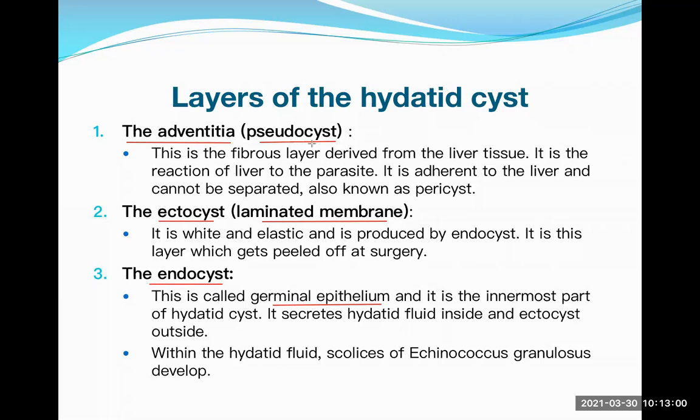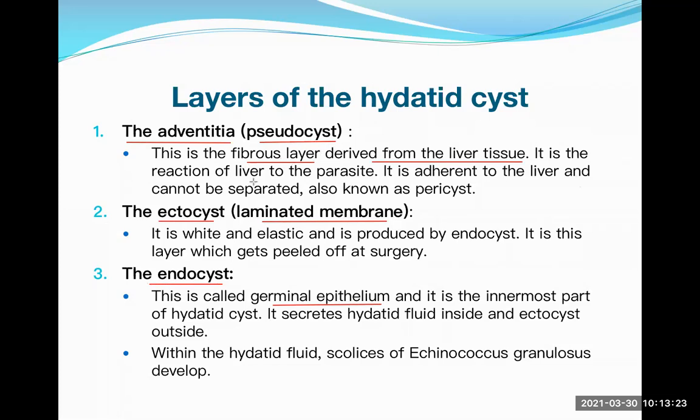Now let's clarify this so that it will be easy for us to understand the topic. The adventitia, or the pseudocyst, is the fibrous layer which is actually derived from the liver tissue of the host. For example, if humans are infected, then this fibrous layer is derived from the human liver.